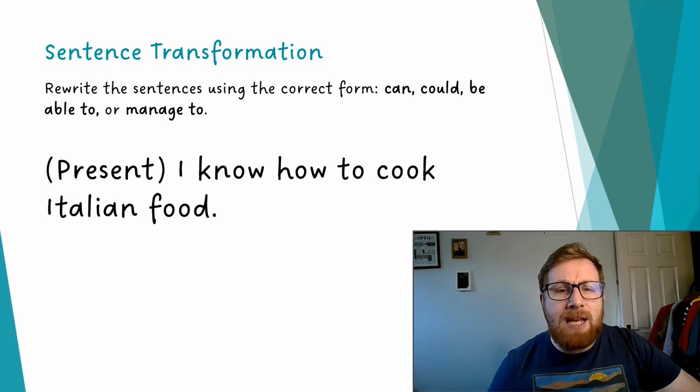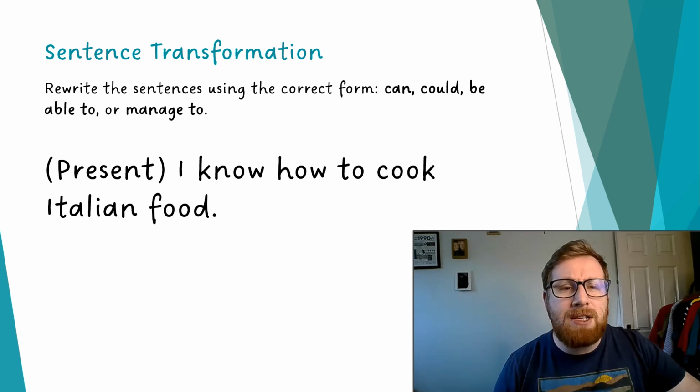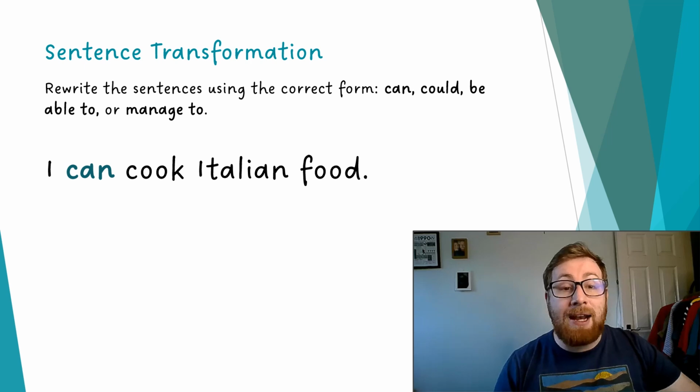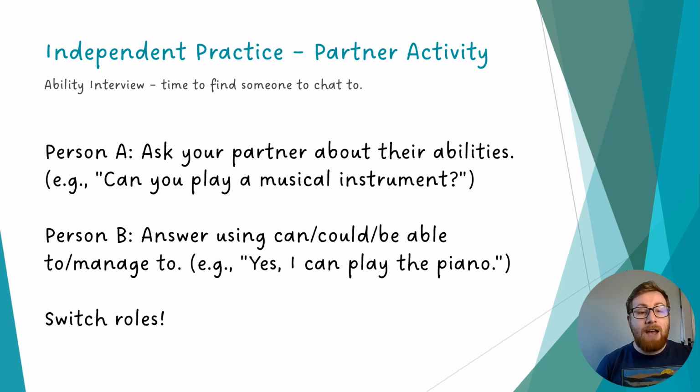I know how to cook Italian food. This is a present ability. Can, could, be able to, or manage to. I can cook Italian food.